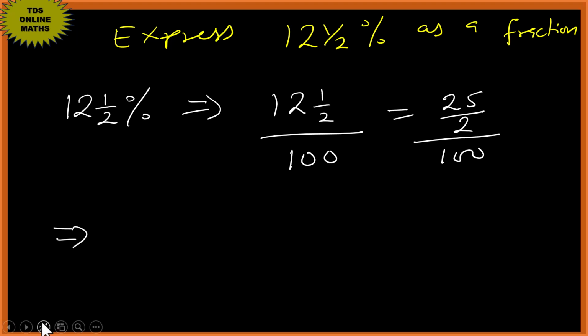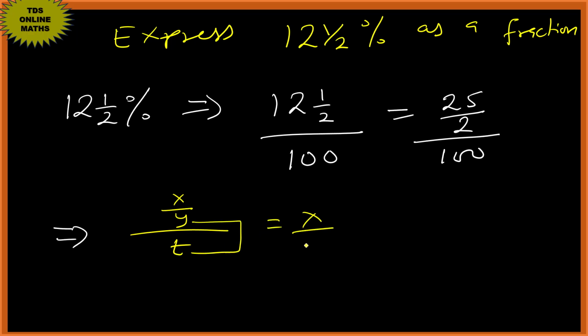Okay, so in case you are given x on y all over t, this one will multiply, so it will be x on yt. So we have this one as 25 on 2 times 100, that is 200, okay?